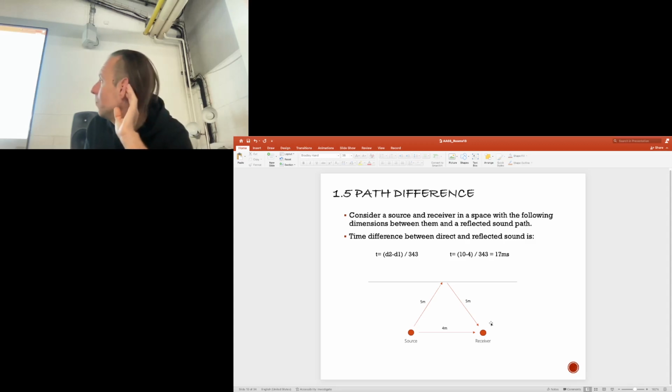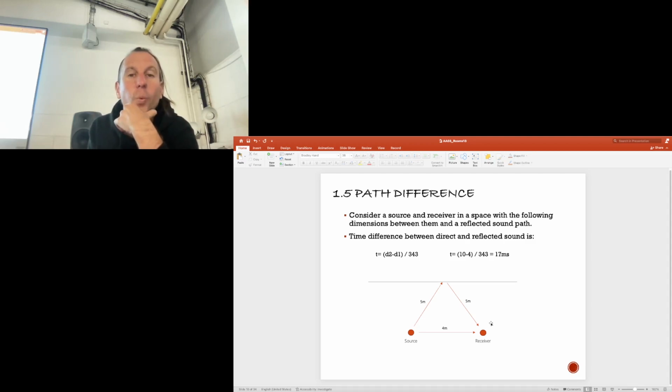Okay, so in this reflection, the crucial thing that we're considering is the path difference, right? So what we get then is the summation of correlated sources. Well, technically it is a single source, but the two wavefronts are correlated, and there is a delay time between the two, which relates to the path difference.